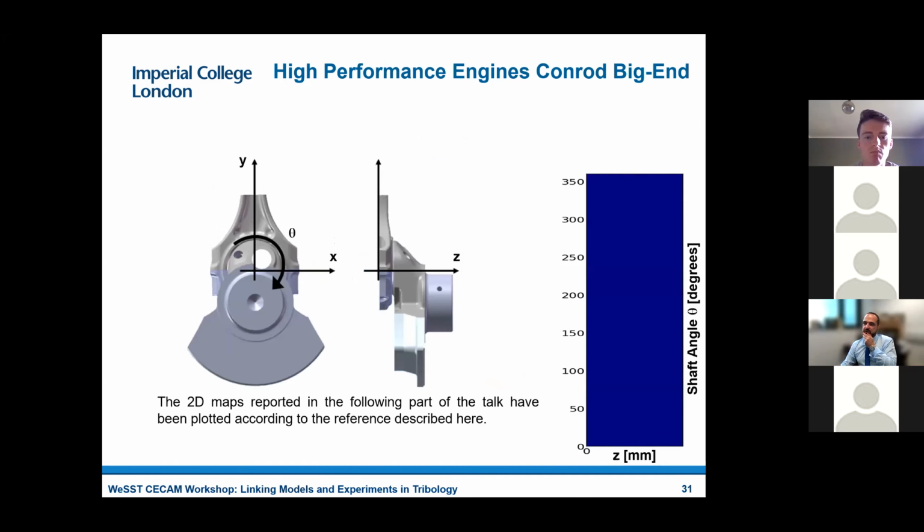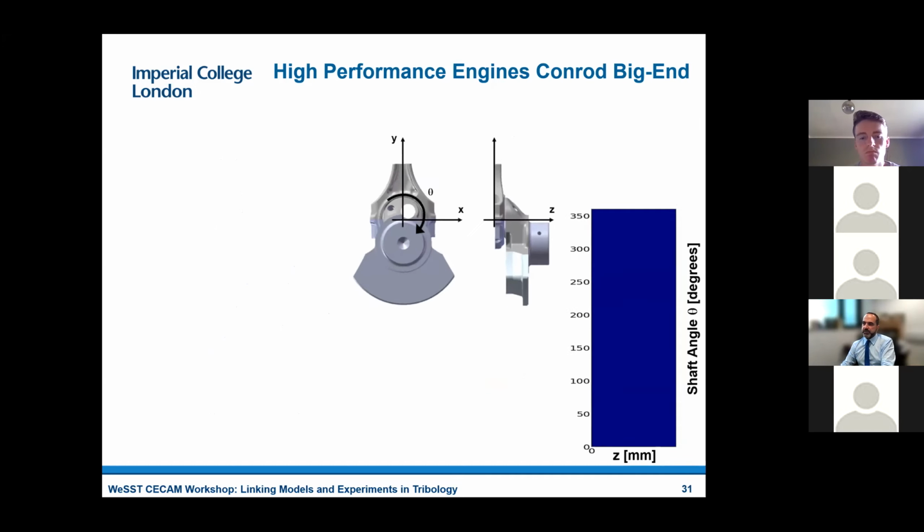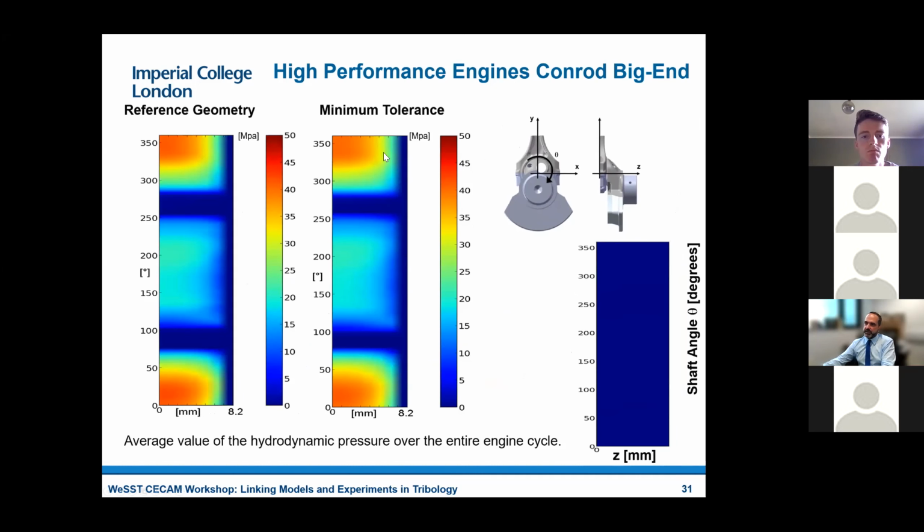So here, for example, on this particular bearing, what we knew is that there was some particular cavitation damage. So this is the bearing, we unwrap it over 360 degrees here, and we start looking at how different geometries have different effects on this system.